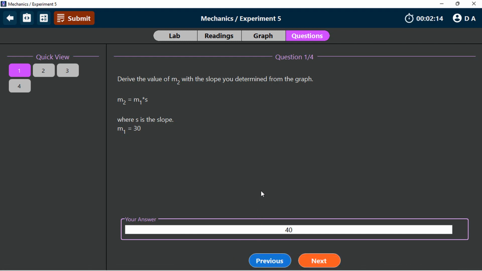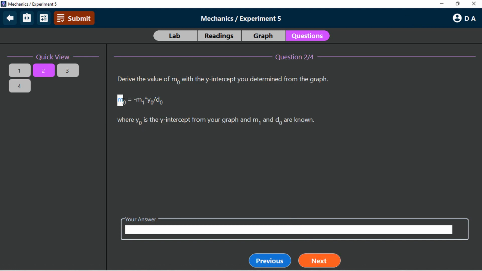Then you'll be expected to calculate M0, which is the mass of the meter rule, and you can get that by taking minus M1 times Y0 divided by D0.